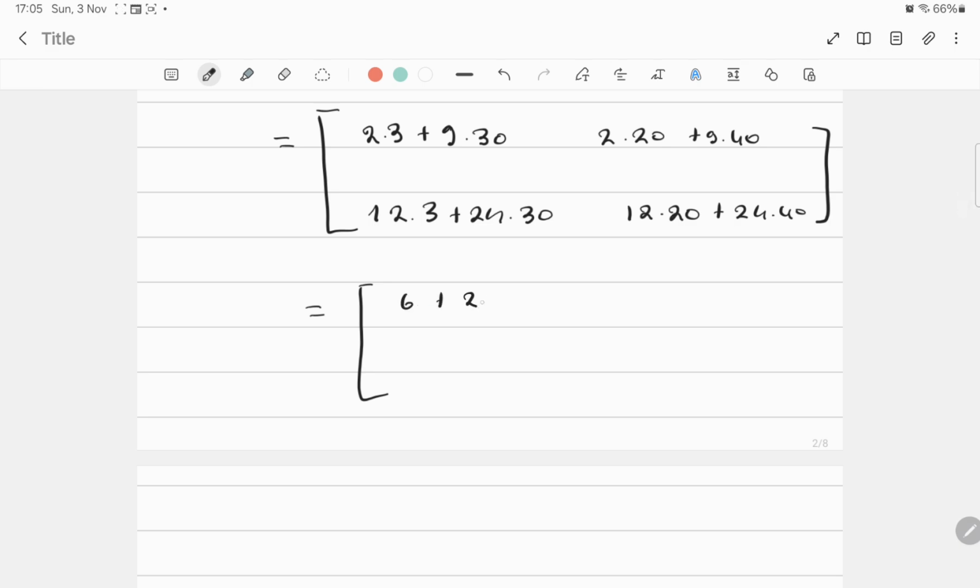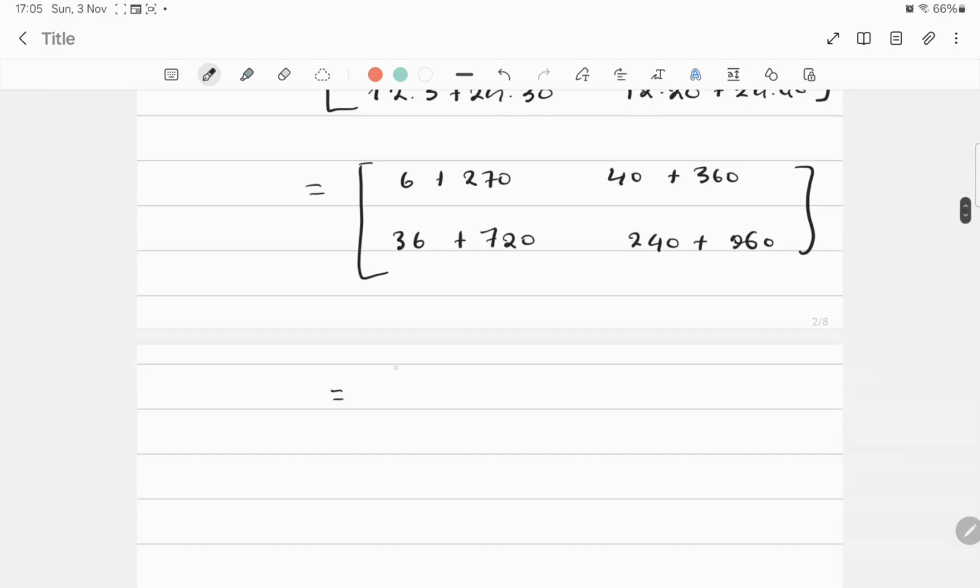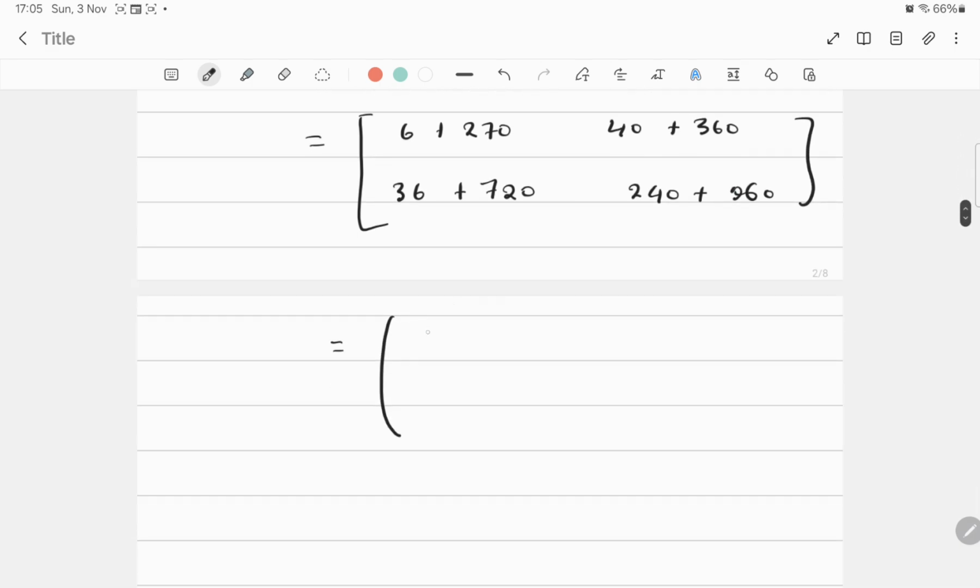That's 6 plus 270, 40 plus 360, 36 plus 720, 240 plus, that's 16 plus 960. That's 276.